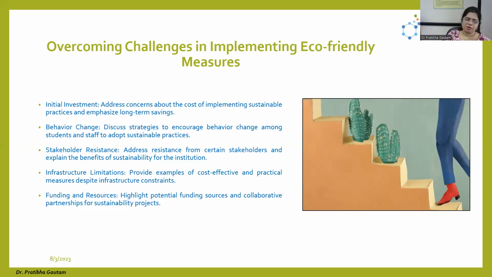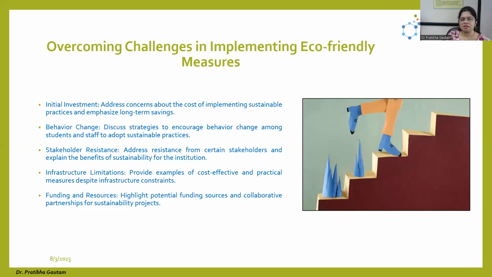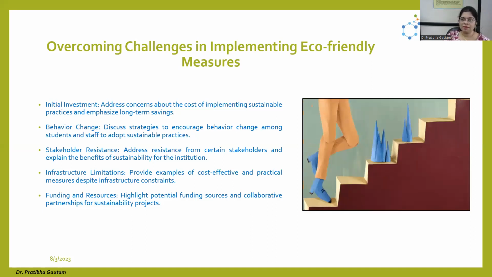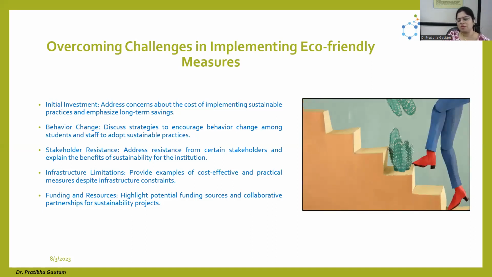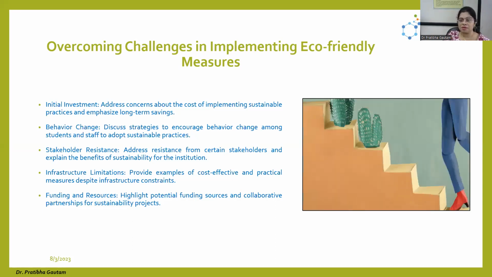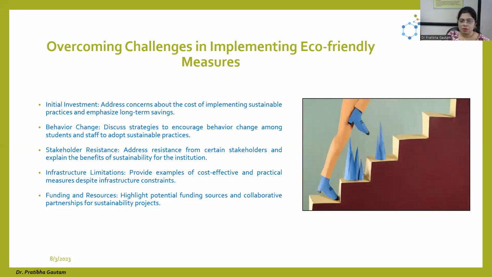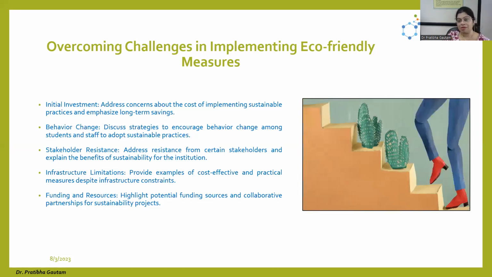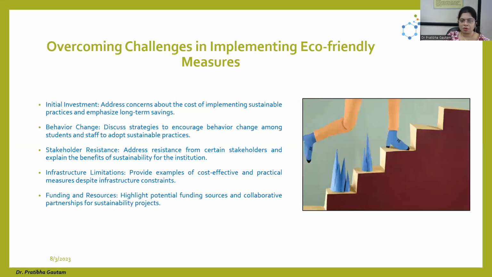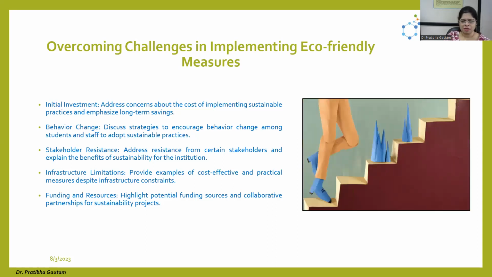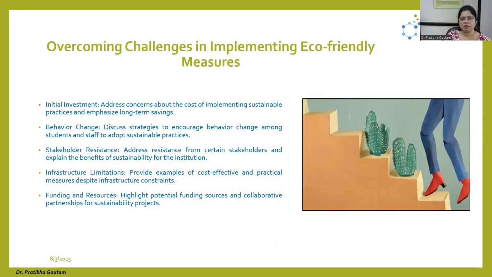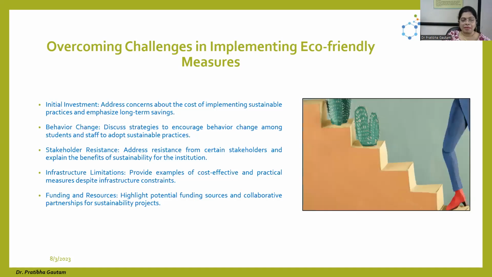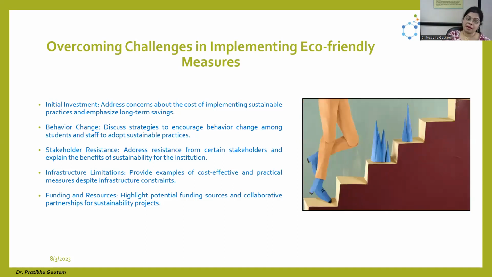And funding and resources. Basically this is done by the management itself: how to get the funds. Many times there are different sponsors and industries available. We just have to approach the right person at the right time, and definitely there is a way out. There are certain government policies also. Suppose you want to put a solar panel, there are certain subsidies available. The government is also helping with this type of activity, and there are certain grants available.